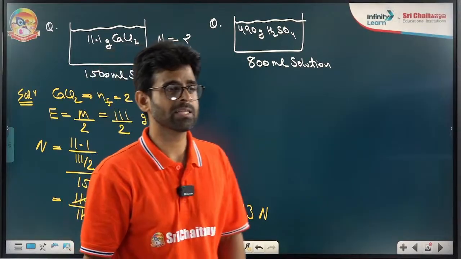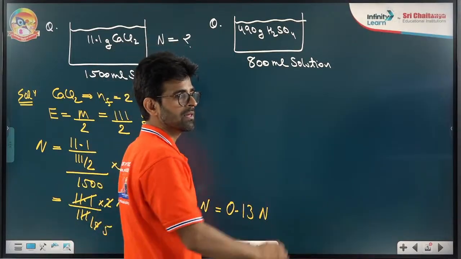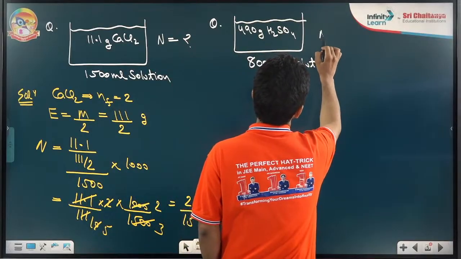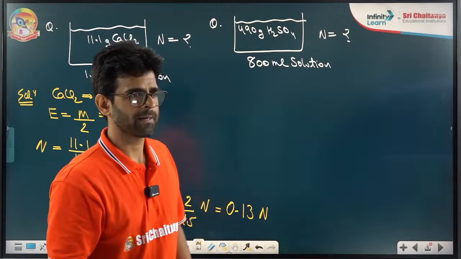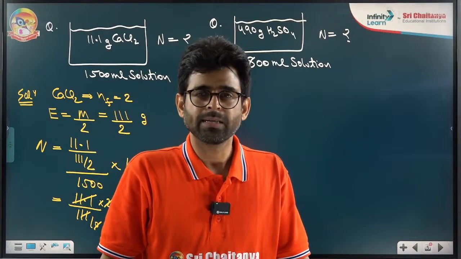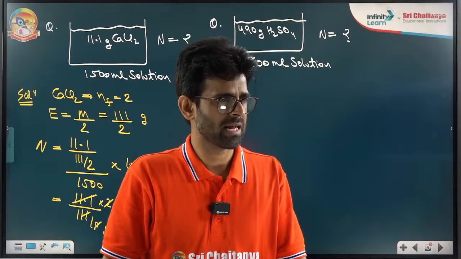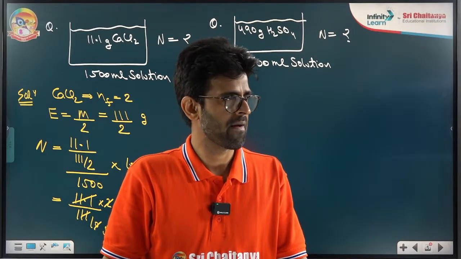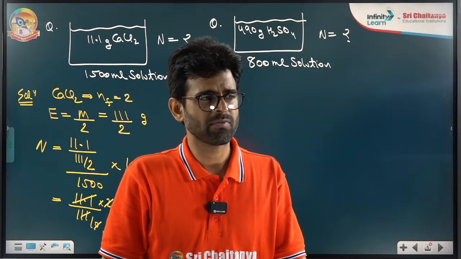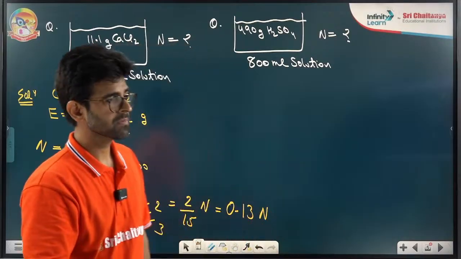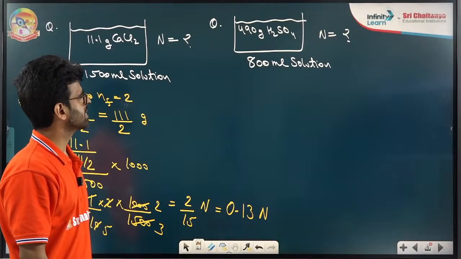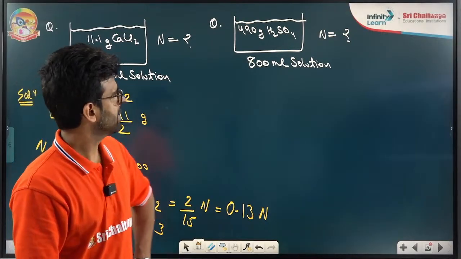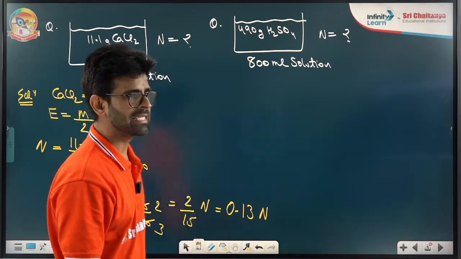So please find the normality of the solution. Find normality. Alright, solve the question fast. It's 490 gram, you have to divide by, tell me fast, it is sulfuric acid.